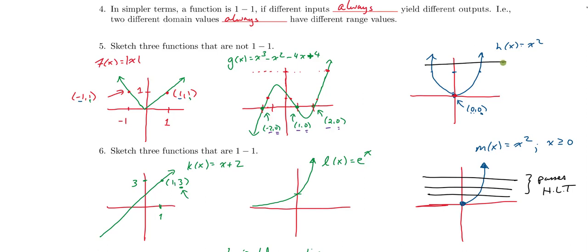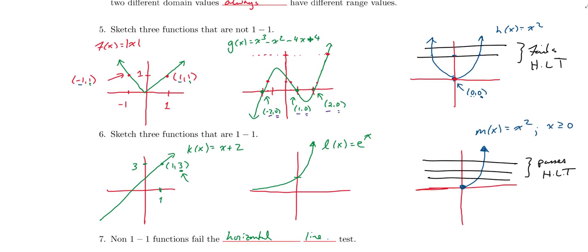Whereas this function here, we would say that it fails the horizontal line test. And we'll just leave it at that, folks. Hopefully this gives you a quick overview of what we mean by one-to-one functions.